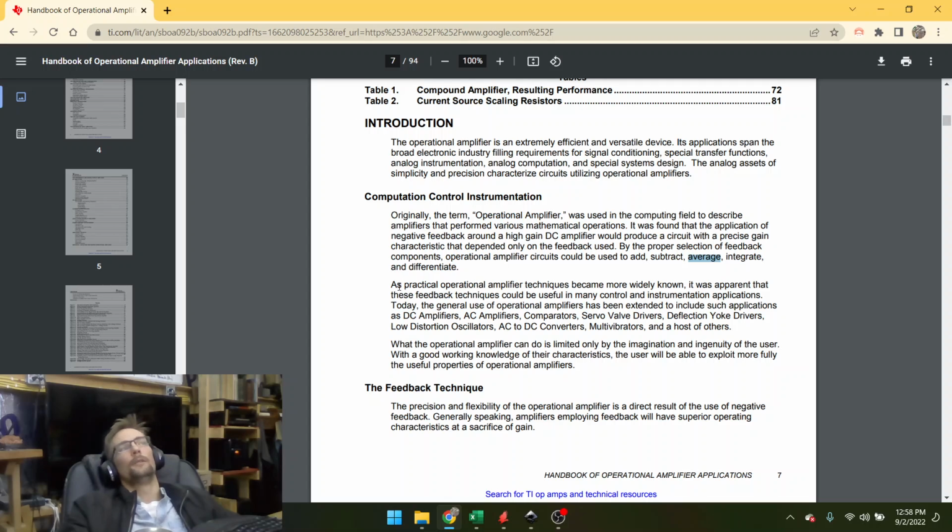As practical operational amplifier techniques became more widely known, it was apparent that these feedback techniques could be useful in many control and instrumentation applications. Okay, so basically, without being told, we have computing applications, control applications, and instrumentation applications.